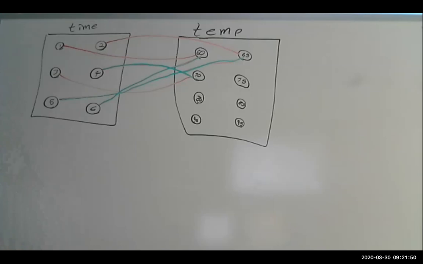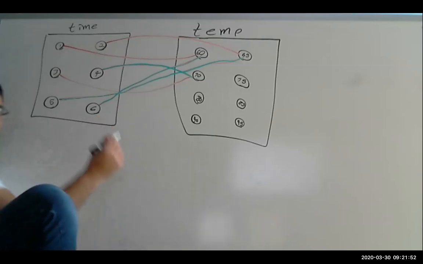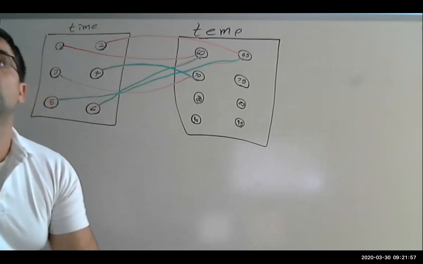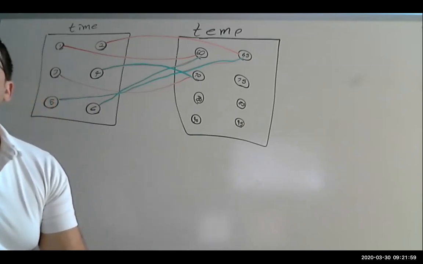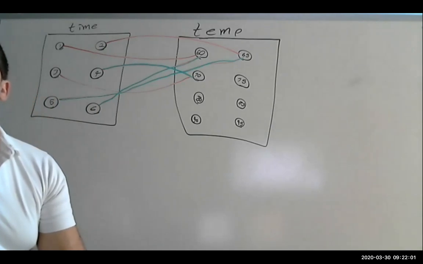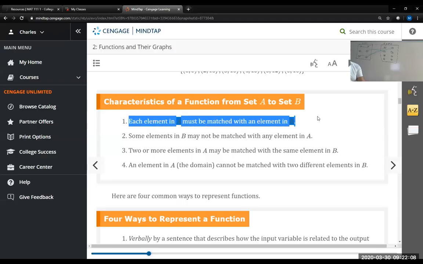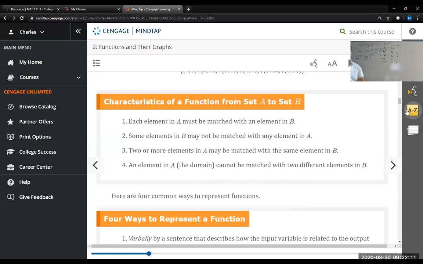So to write these rules, actually, we'll just do it like this. Each element in A must match with an element in B. So that's the first rule we talked about, where everything in A gets matched with B somehow.